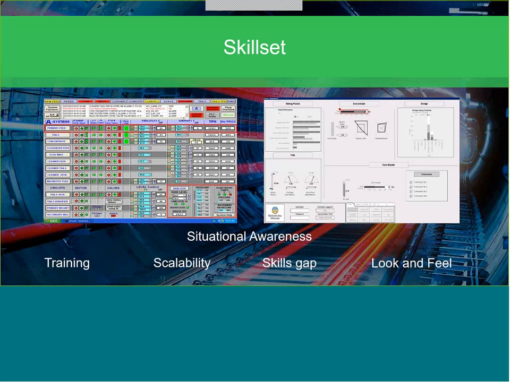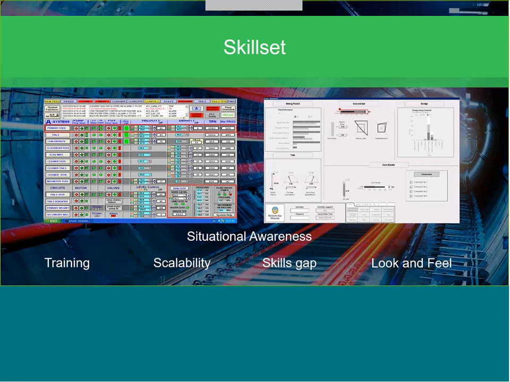If you look particularly at things like the situational awareness concepts and graphics and the way you design things, training is much easier because we standardize on a similar or the same look and feel throughout our entire environment or infrastructure.